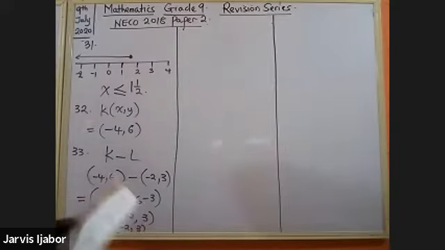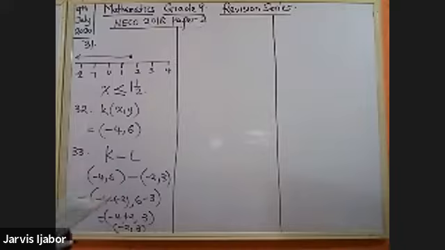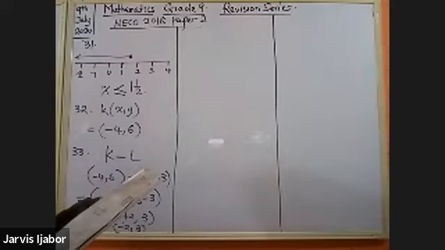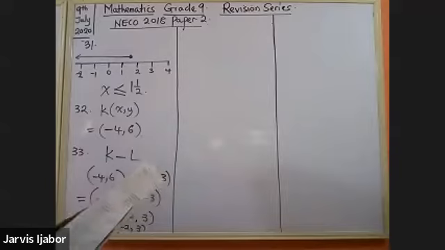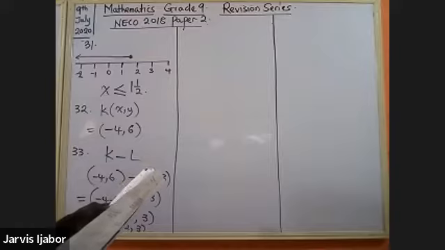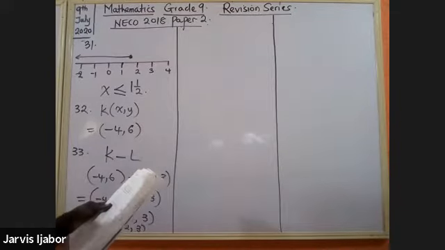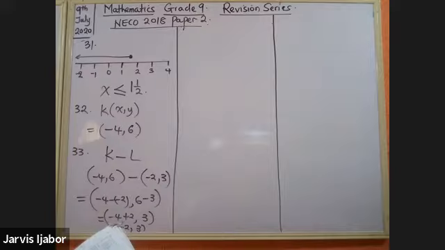So -2 and 3. Do I have an answer like that? Okay, let's check if we place the question right, because I don't seem to be seeing any option that looks like that. L is -2 and 3. Good.